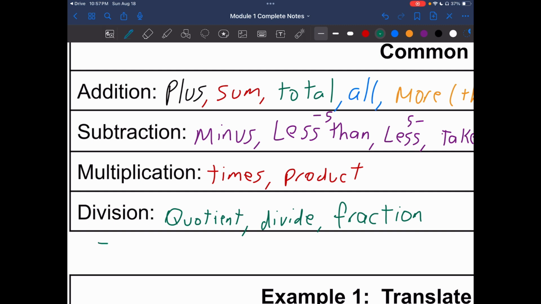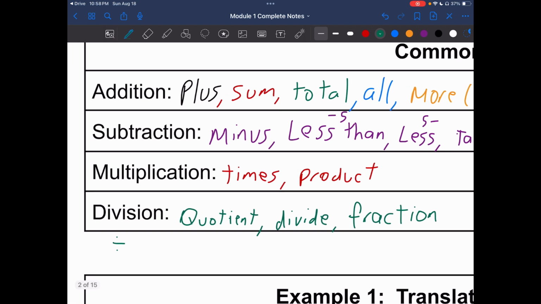Because our division symbol that you see on a calculator is simply a fraction with dots that need to be filled in with two values. So the numerator, the first digit you type in, is the top of the fraction, and the second digit you type in is the bottom of the fraction, the denominator. So division is a fraction. Fraction is a division, and we are going to be using fractions a lot this year.